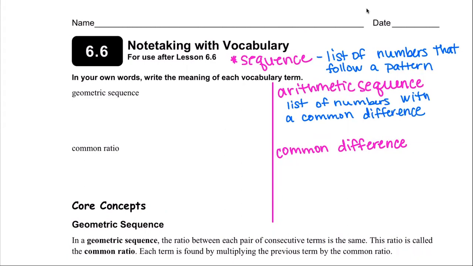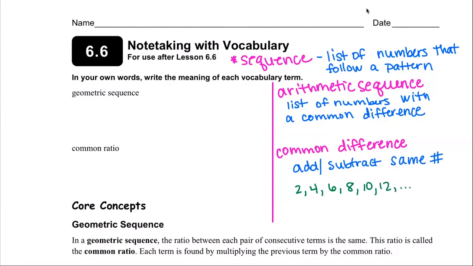A common difference just pretty much means we are going to add or subtract the same number to each term. So, for example, 2, 4, 6, 8, 10, 12. This is an arithmetic sequence where the common difference is 2.